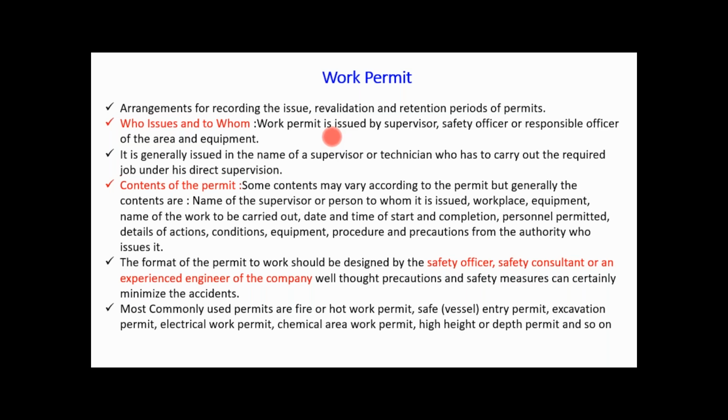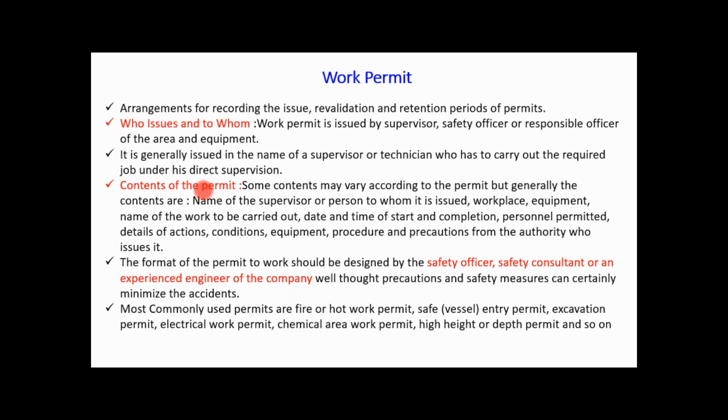So depending on the conditions and area, depending on the industrial type, that may be small scale, medium scale, or large scale, the competent person is the one in that area or for that operation or equipment. It is generally issued in the name of a supervisor or technician who has to carry out the required job under his direct supervision. The supervisor has the knowledge about that area, about that operation, about the hazards which may be present in that area or with equipment or with those lines, and that is why the supervisor must be there.